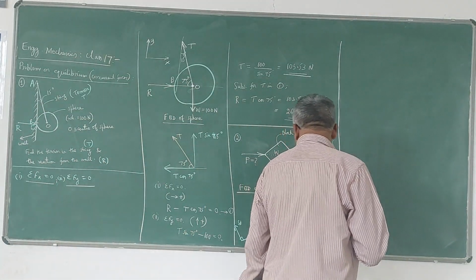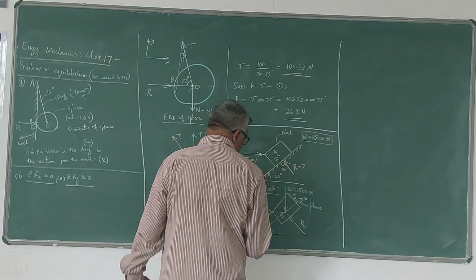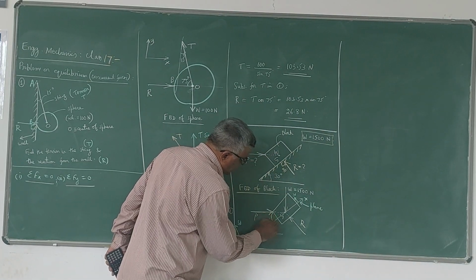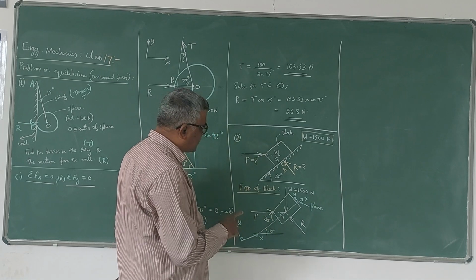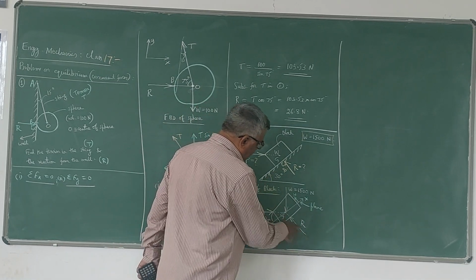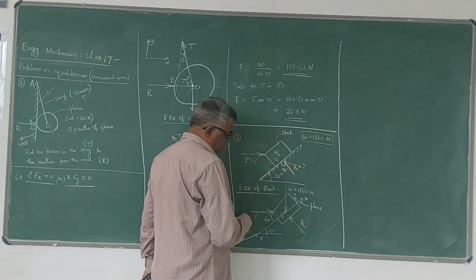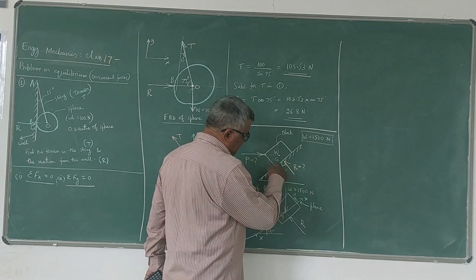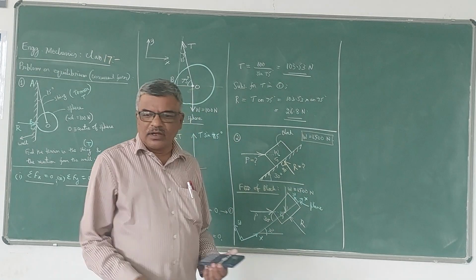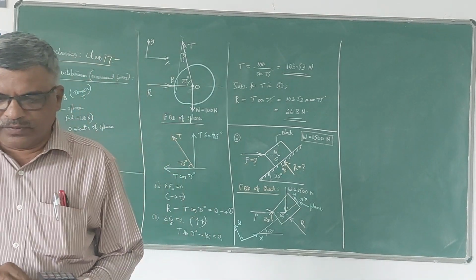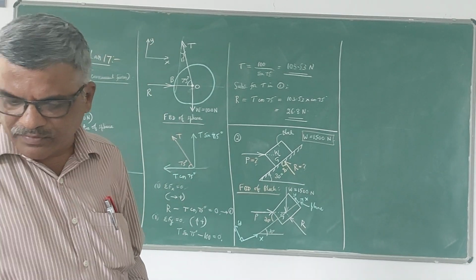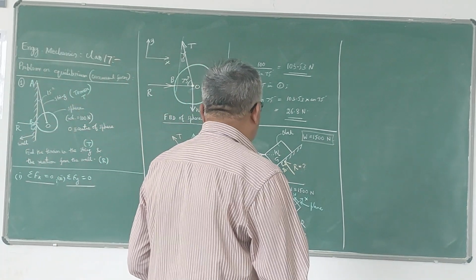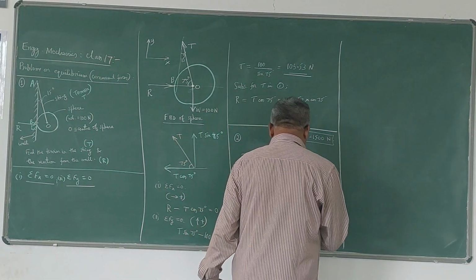So what are the forces which we have to resolve now? This is 30 degrees, therefore this is also 30 degrees. We have to resolve this W, this R, as well as this P along this and this direction. That is very important. Once you know how to resolve them in those mutually perpendicular directions, then we can easily write down the equations.